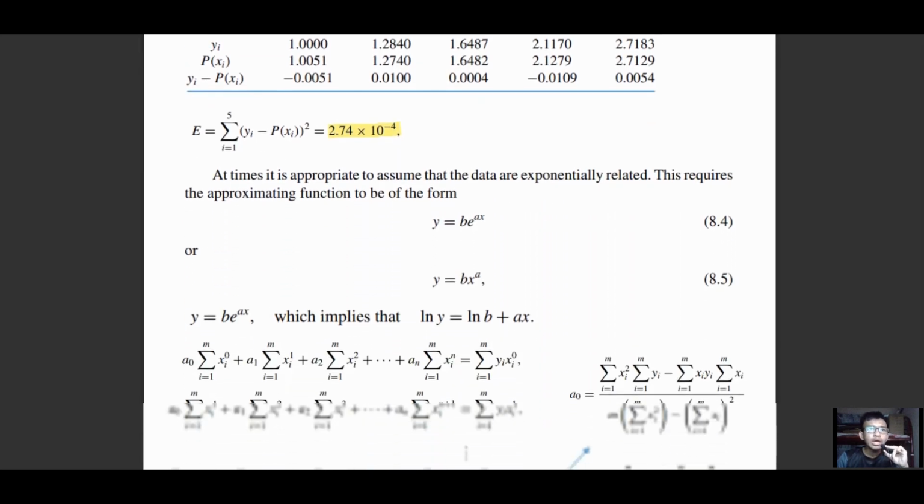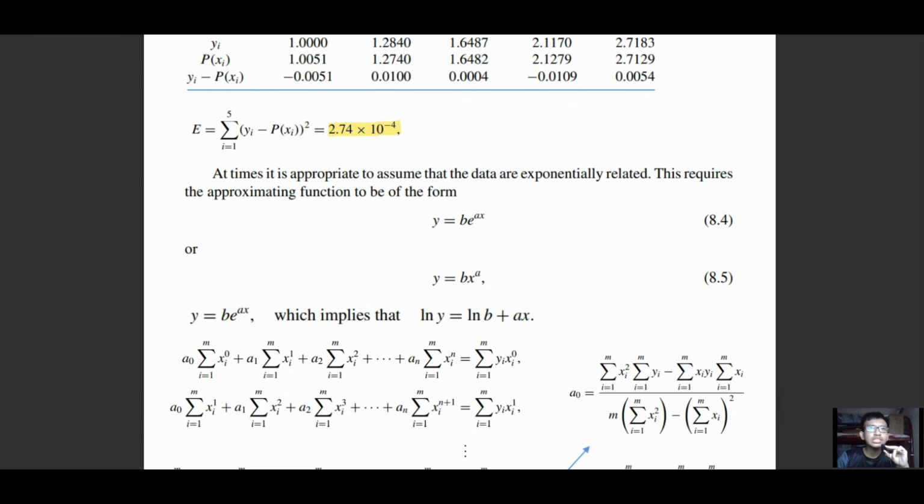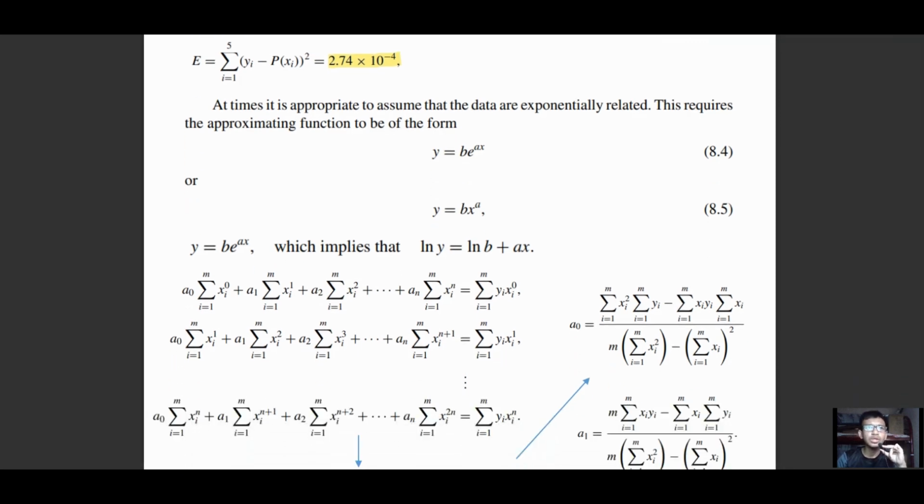And at times it is appropriate to assume that the data are exponentially related. Meaning we can also represent our fitting, instead of with a polynomial, with an exponential function. Of course, we use a different approach.